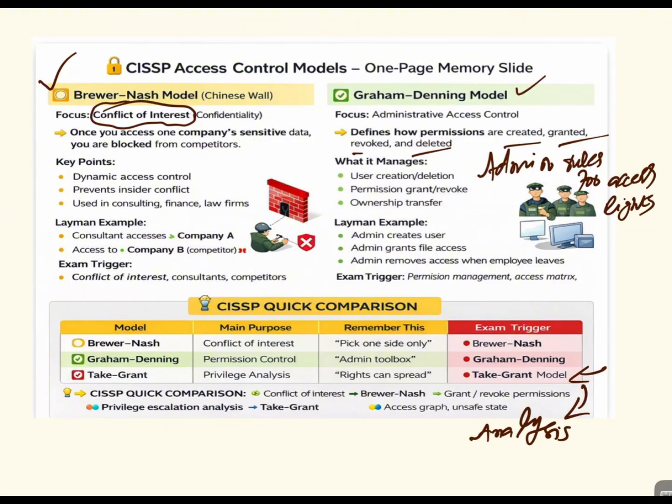This concept is important. We should only know the difference between those and the keywords. If we see any question related to these topics, we might answer them in the CISSP exam.